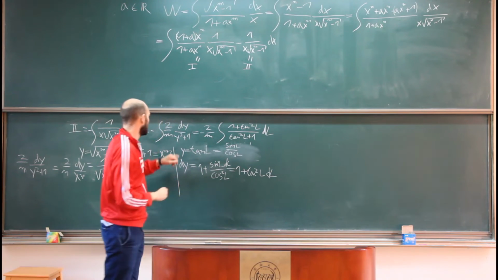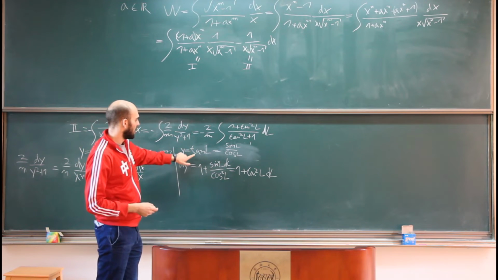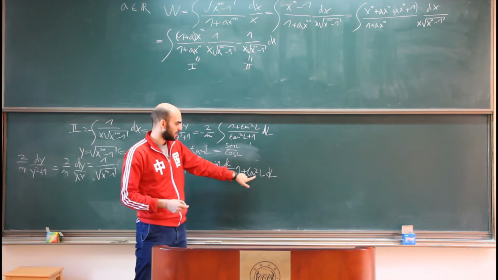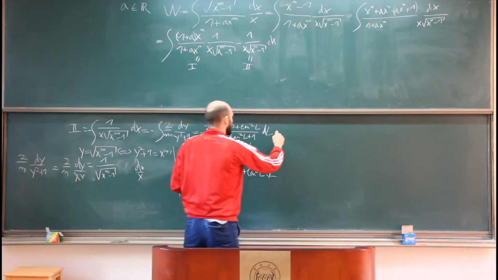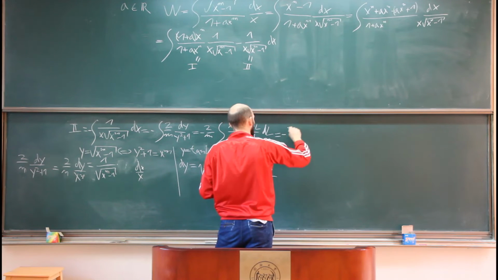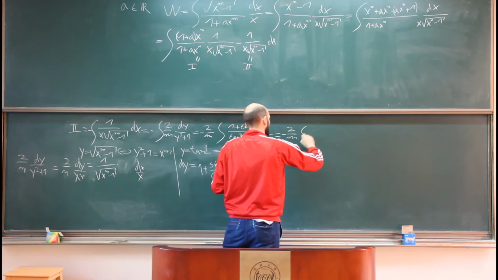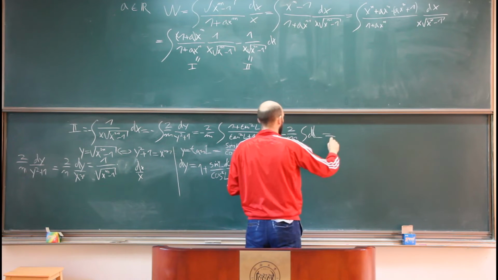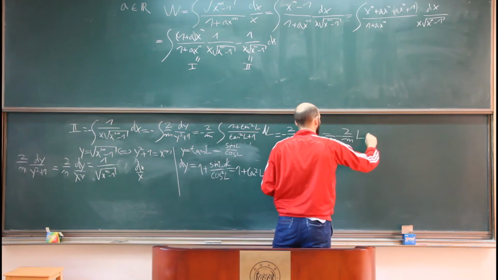So that's why we're using it. That's just a really nifty property of tangent, that the derivative of tangent is 1 plus tangent squared. So we're using this property, and this is equal to 1. So the whole fraction here is equal to 1, and so we get the integral of dL, and that's just plain simple. This is just L. So 2 over m times L.